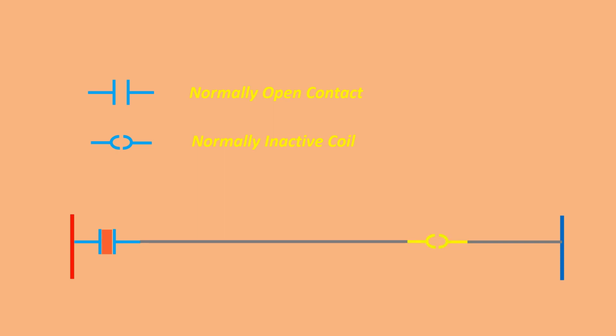Since this circuit looks like a ladder, this is called a relay ladder logic diagram. Despite the development of processors and the use of programmable logic controllers, relay ladder logic is still being used in the industry for automation. In this video, we are going to discuss relay ladder logic and some basic programs.